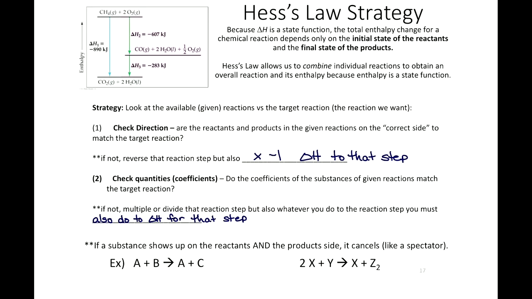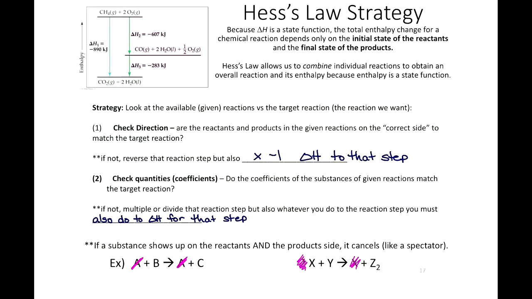So if we add up these reactions and, for example, if substance A shows up on both sides, A will just cancel out of our reaction and hopefully give us our target reaction. Or in this example, we have two X's and an X on the product side, so only one X cancels. So you're left with one X on the reactant side. All right, so it's just like a little puzzle.